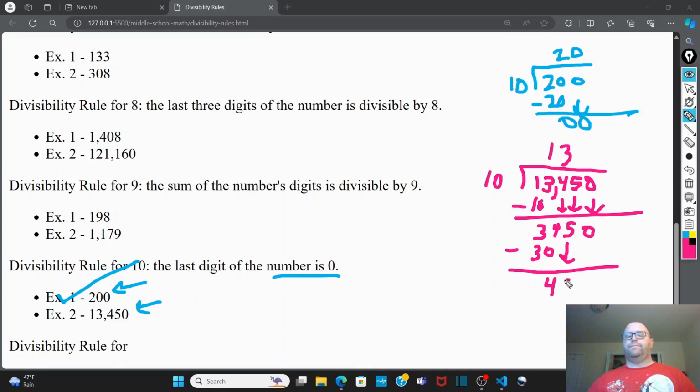Bring down the 5. Bring down 0. 10 goes into 45 4 times. 4 times 10 is 40. 45 minus 40 is 5. Bring down the 0. 10 goes into 50 5 times. 5 times 10 is exactly 50. So 50 minus 50, remainder of 0. So that checks out.